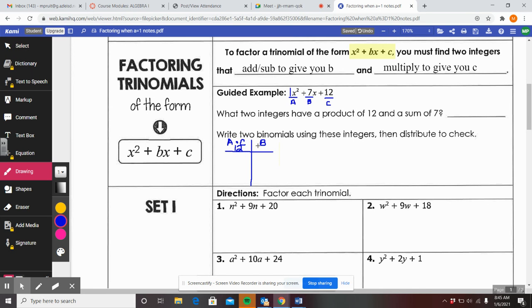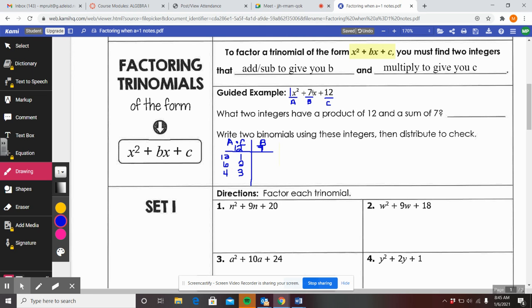And then what's your B value? 7, right? Then we're going to find the factors of 12, and factors are multiples. So you're going to start with the common one, 12 and 1. And then we have 6 and 2, and then we have 4 and 3.